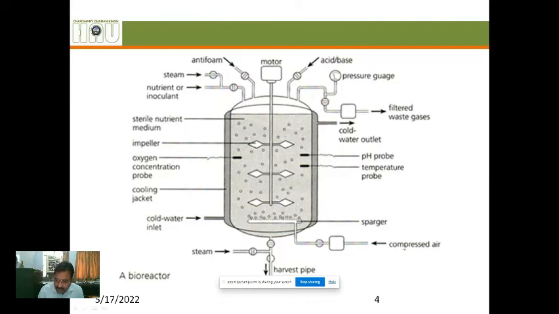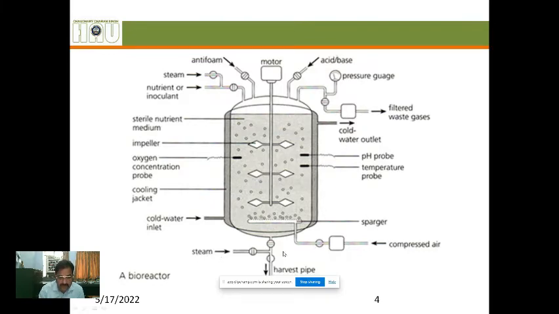Then we have compressed air coming from the compressor, and it is added into the vessel via the sparger. Then we have the jacket outside this, in which cold water or steam is coming, and this is used for the temperature controller.